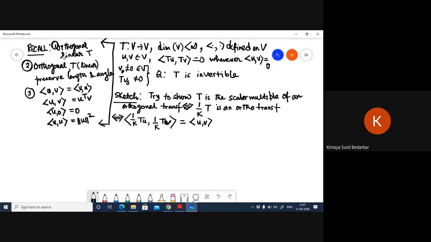Sir, could you repeat point 1 of recall again? So what I wrote as point 1? Yes. Okay, what I said was, an orthogonal linear transformation preserves length and angle, and orthogonal linear transformations are invertible because a set of orthogonal vectors is linearly independent.